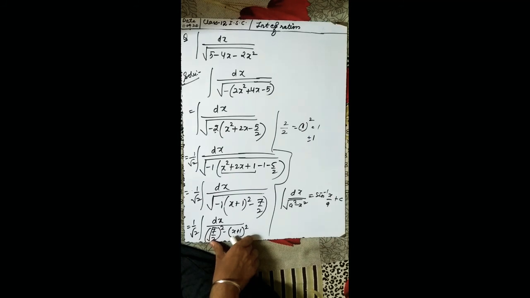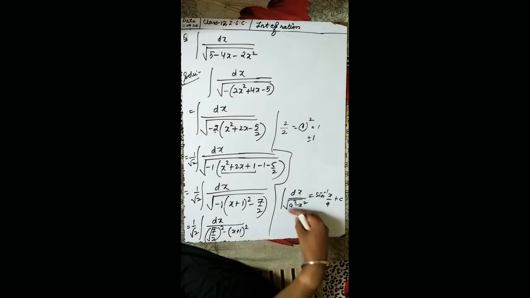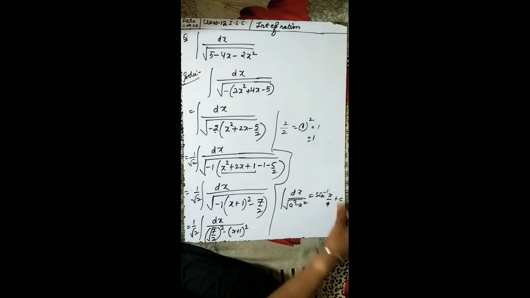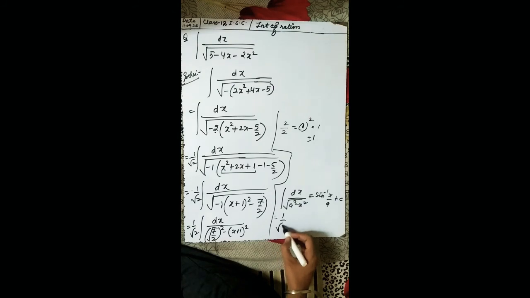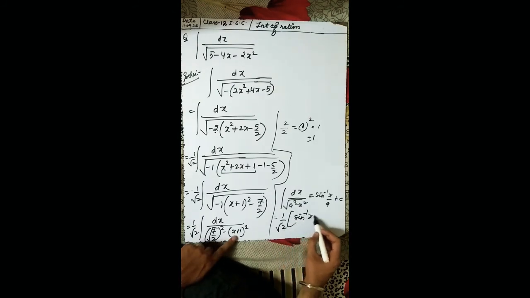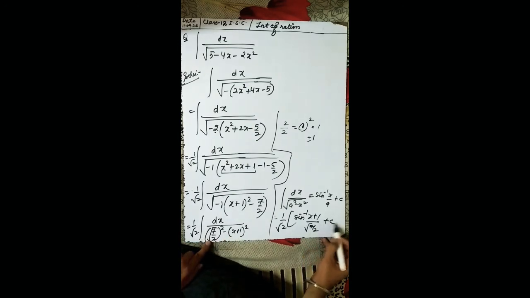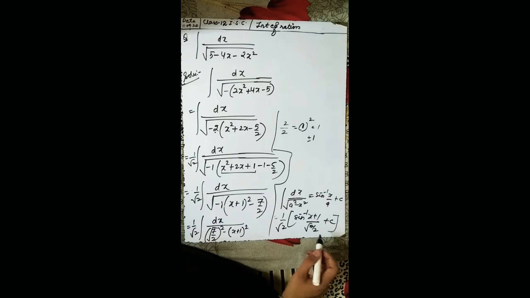Isn't this looking like integration of dx upon under root a square minus x square, which is nothing but sine inverse x upon a plus c. So use the identity here: 1 upon under root 2 sine inverse. What is x? x plus 1. What is a? Root 7 by 2, plus c. That is the final answer.